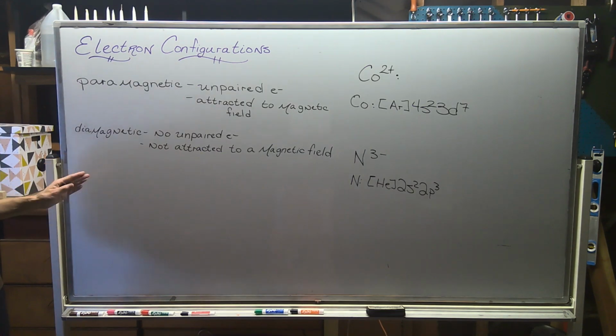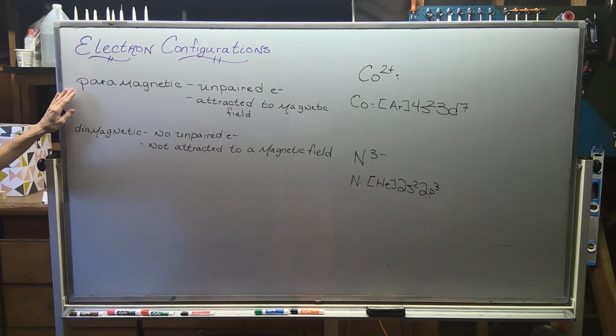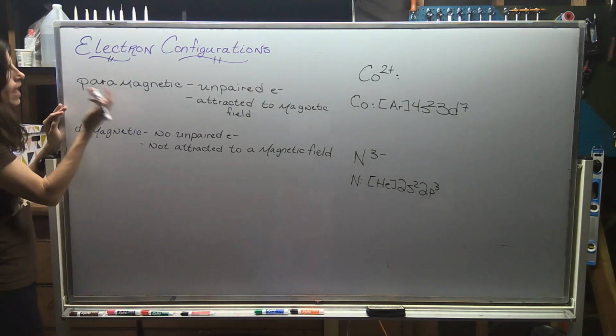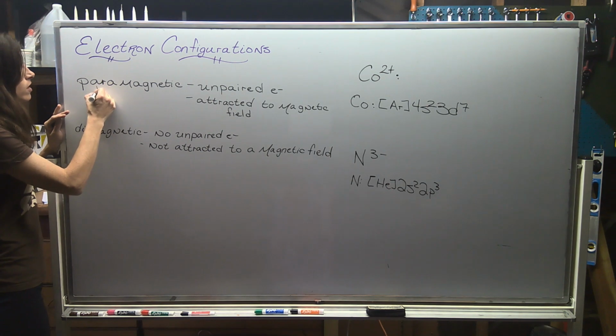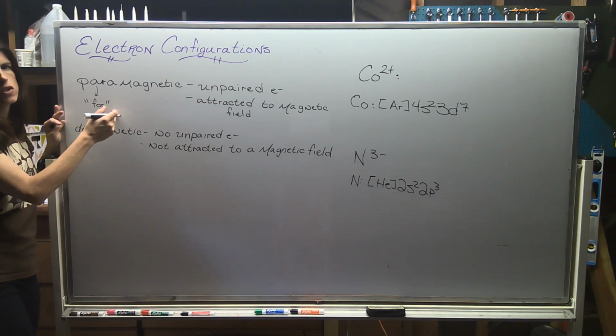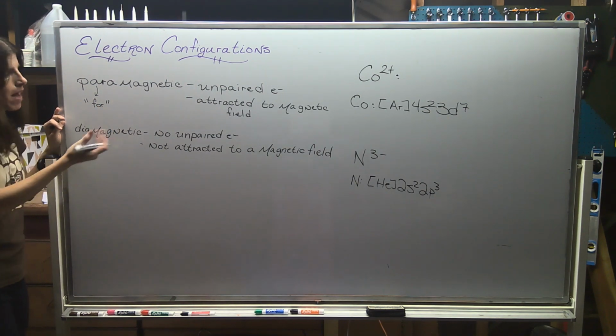Real quick here, let's go over two different definitions. We have this idea of paramagnetism, when something has unpaired electrons and then it's attracted to a magnetic field. I had trouble remembering this as a student until I realized that para, the Spanish word for for, is in this, and then I started thinking of it as for the magnet.